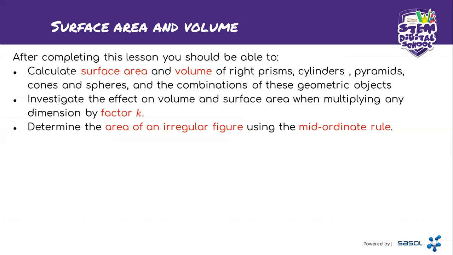For a rectangle, the area is length times breadth. But when you have an irregular figure, how do we calculate the area? Today we'll be focusing on that. So these are the three important points you need to know after we have completed this lesson. Let's proceed.